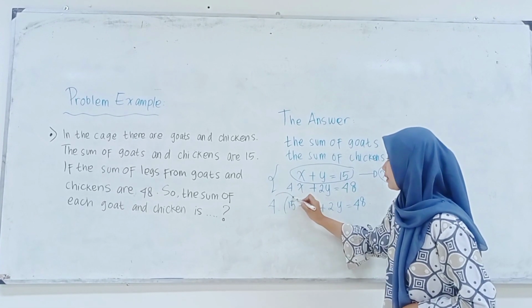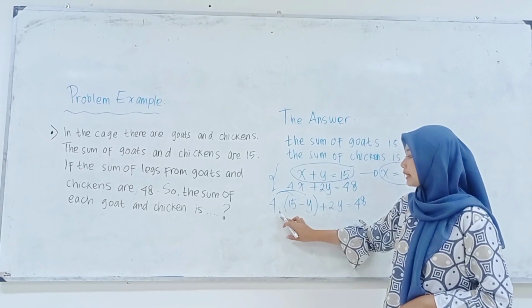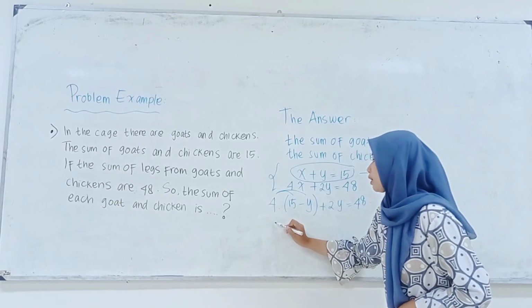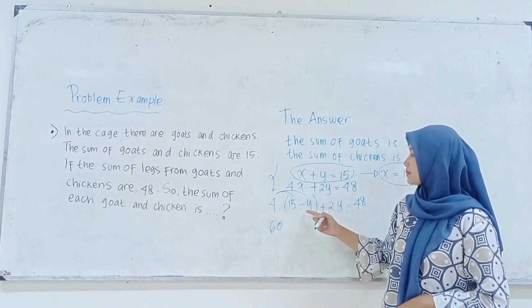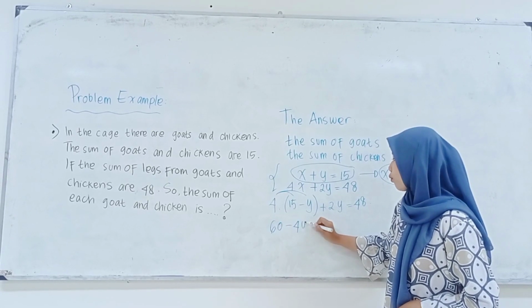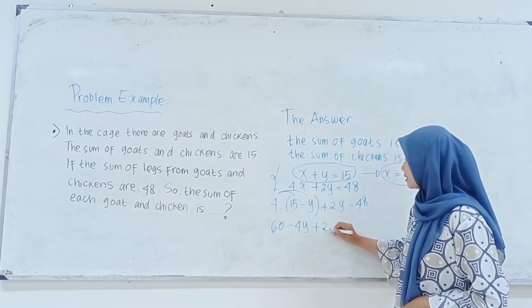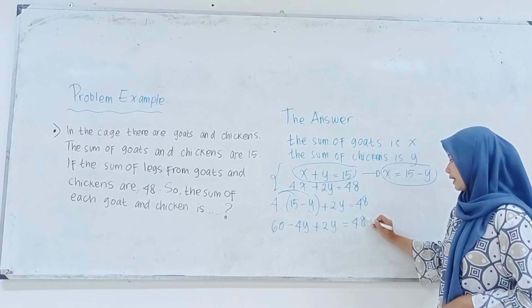So we multiply 4 times 15, we get 60, and 4 times minus y, we get minus 4y plus 2y equals 48.